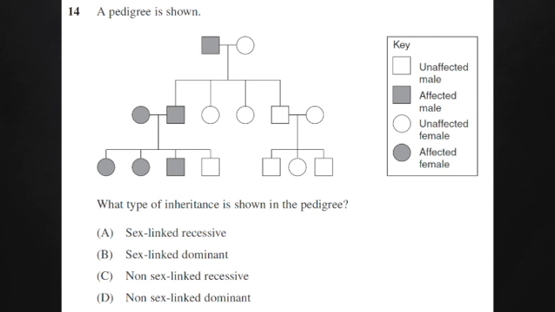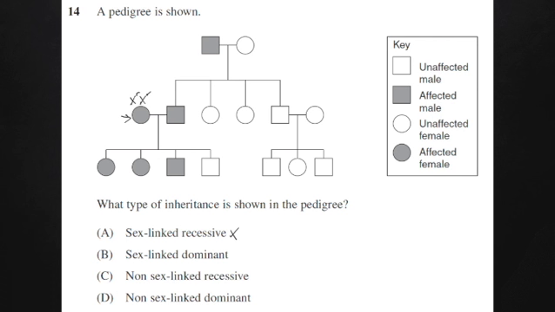Let's start with A, sex-linked recessive. So think about this. If it's sex-linked recessive, if the mother has it, the son must. So let's have a look for an example of that. Here's an example where the mother has it. If it's sex-linked recessive, let's just say it's lowercase r, lowercase r.